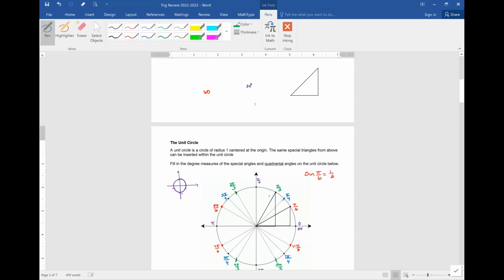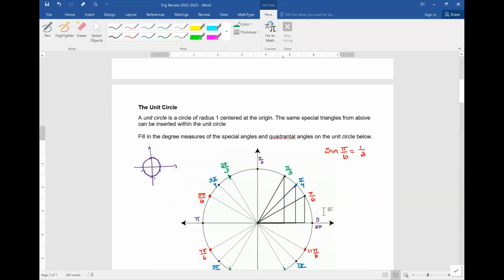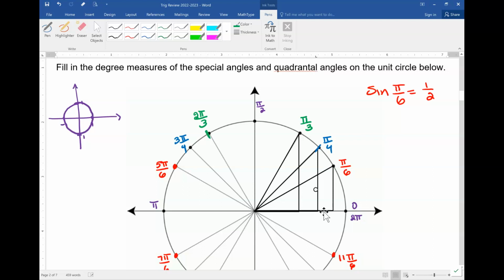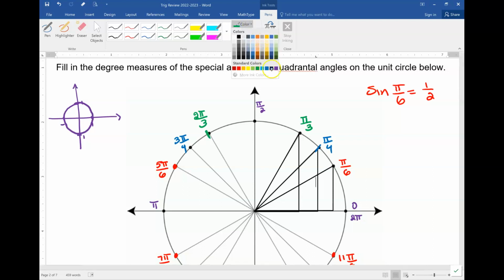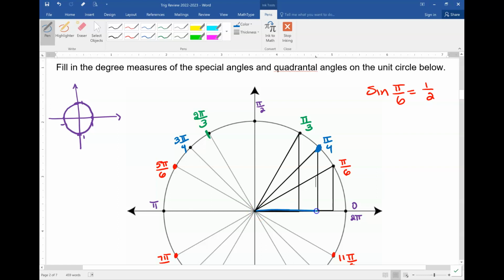And you can do the same exact thing with the 45-90 triangle, right? It's got to have a hypotenuse of 1 in order for it to fit into that. And now you can see, in order to get to the pi over 4 angle, where the pi over 4 angle intercepts the circle, you have to go horizontally a little bit and up a little bit.